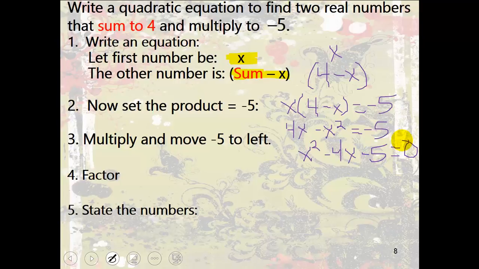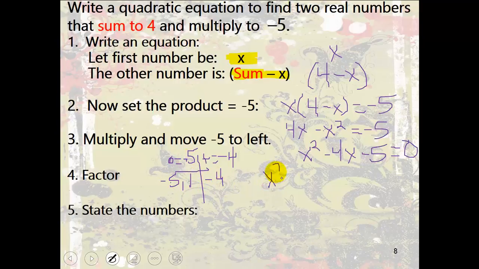And then I'm going to factor. I'm looking for two numbers that multiply to equal -5 and add to equal -4. So that's going to be -5 and +1. -5 times 1 is -5. -5 plus 1 is -4.